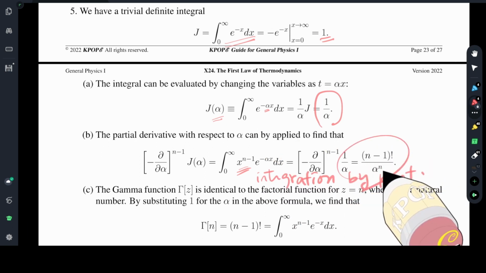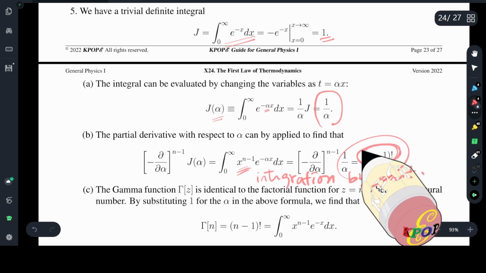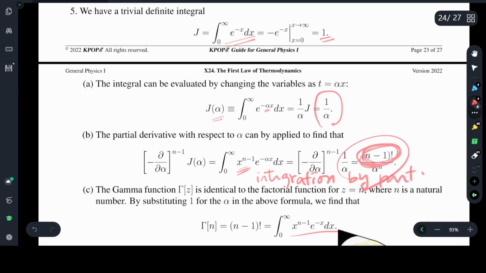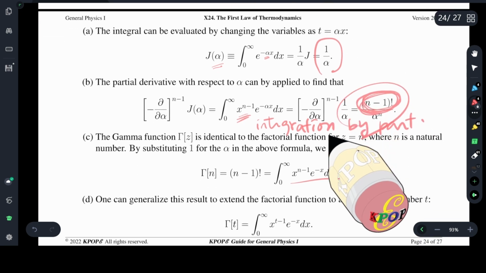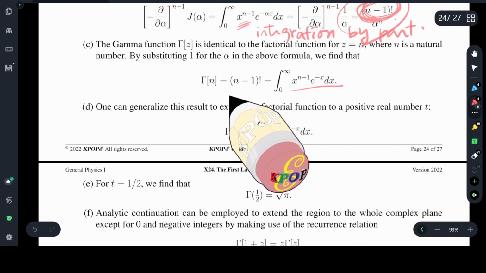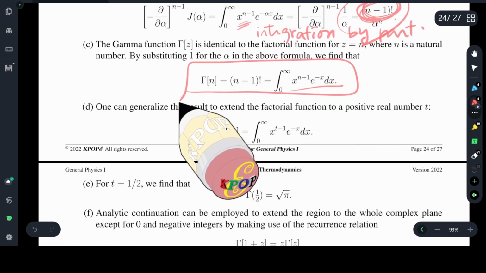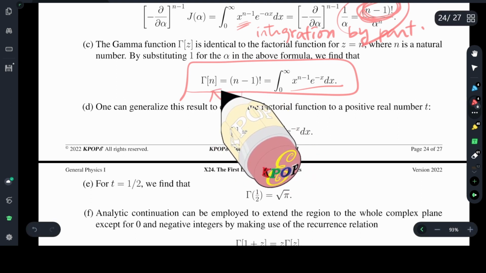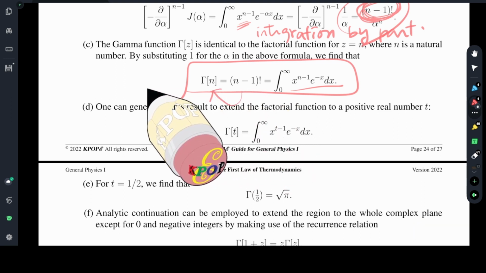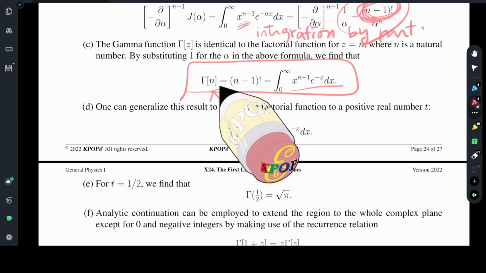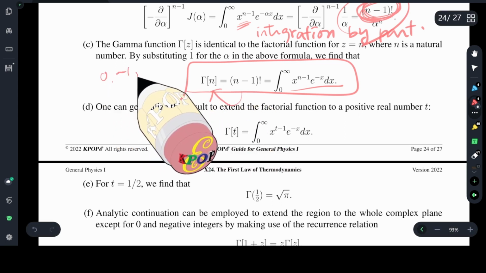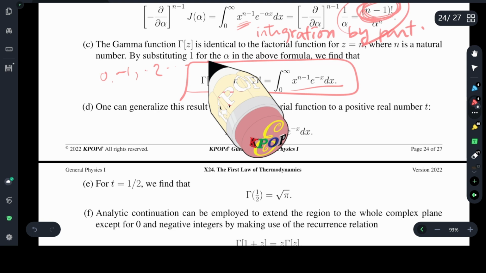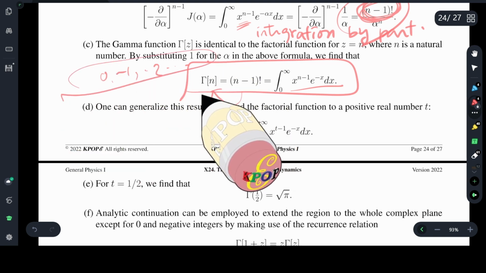And this is a way of defining the factorial function in terms of an integral. Due to this integral definition introduced by Euler, I can generalize this factorial function as a continuous function that is defined for all complex numbers except for 0, -1, -2, and so on. Except for these points, this function is absolutely integrable.